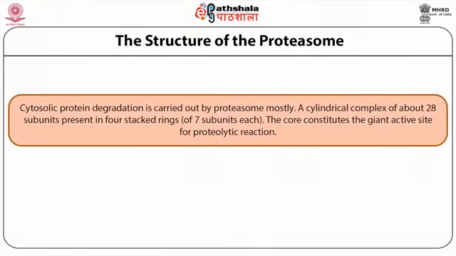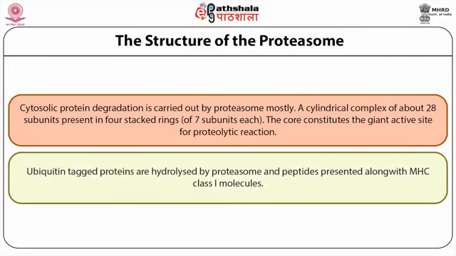Cytosolic protein degradation is carried out by the proteasome mostly. It is a cylindrical complex of about 28 subunits present in 4 stacked rings of 7 subunits each. The core constitutes the giant active site for the proteolytic reaction.